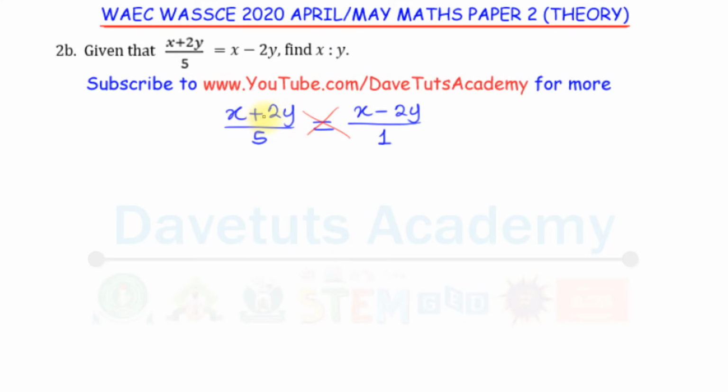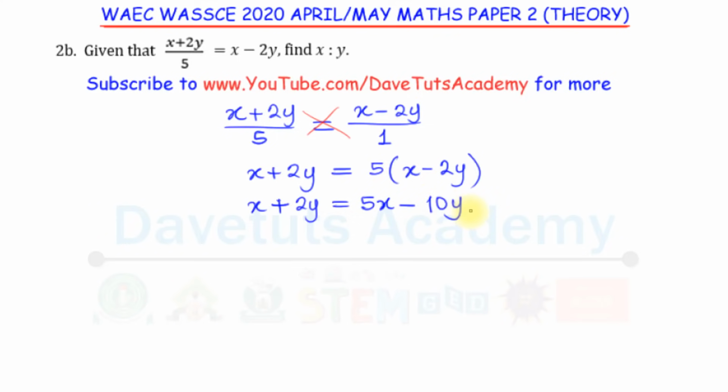So here, x plus 2y multiplied by 1 will still remain x plus 2y, equal to 5 multiplied by the whole of x minus 2y. Okay, so if I want to open this bracket, x plus 2y is equal to 5 times x is 5x, minus 5 times 2y is 10y, and then I can collect like terms.